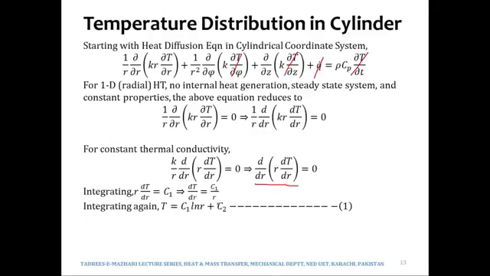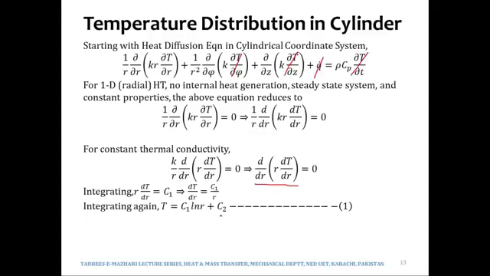And integrating it the second time, integral of dT/dr with respect to r would be T, just like integral of dy/dx with respect to x would be y. And on the right hand side it is 1 over x, so integral of 1 over x is log x, because differential of log x is 1 over x. So on the right hand side we would have C1 log r as the integral of C1 over r, plus C2.